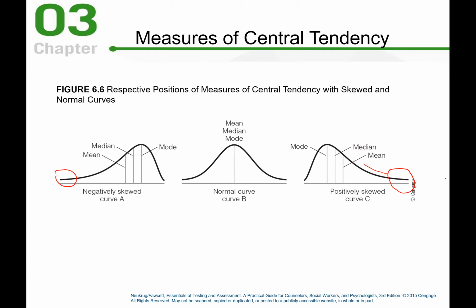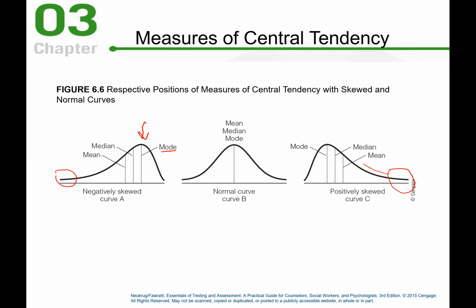In these skewed distributions, we know where the mean, the median, and the mode are going to lie. The mode in a negatively skewed distribution is going to be the furthest away from the tail. That's because most of the scores are going to be right here, so that's where the mode is going to be.